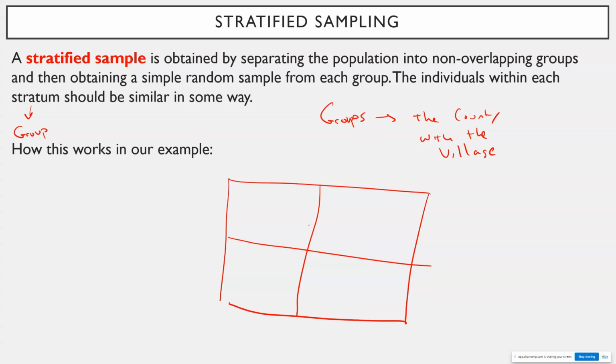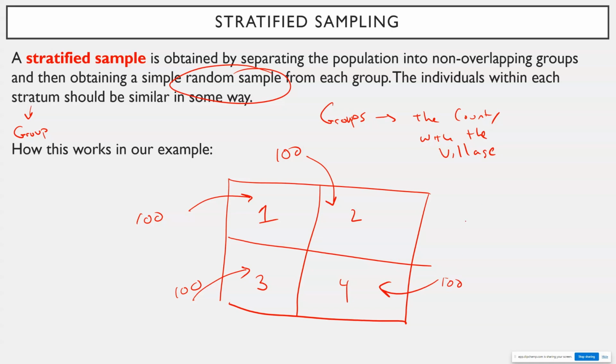This place is huge and spans multiple counties, so let's say there are 4 counties. Within county 1, let's randomly select 100 people. Then within the next county, select another 100 people, then the third county, another 100, and another 100 from the fourth county. Then you combine the samples from each county, and that total of 400 individuals would be our full sample.